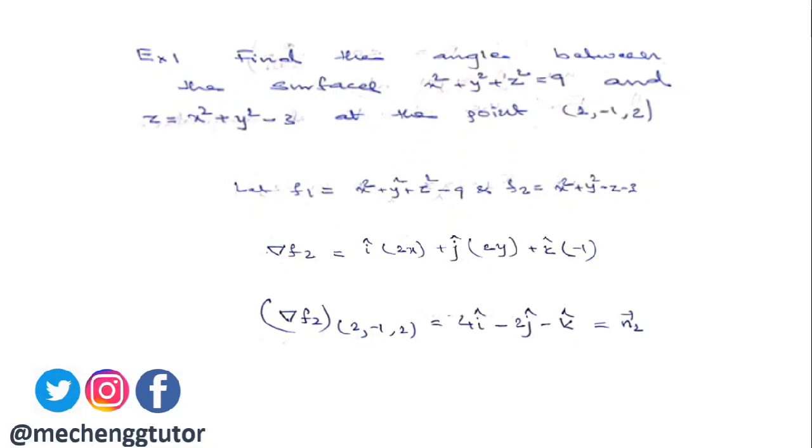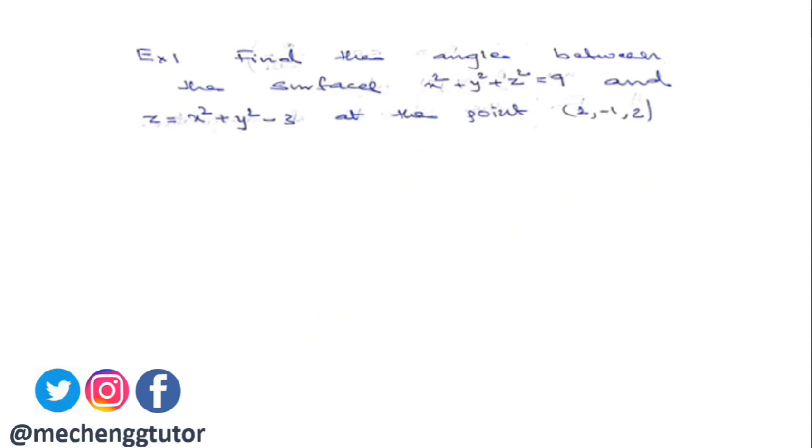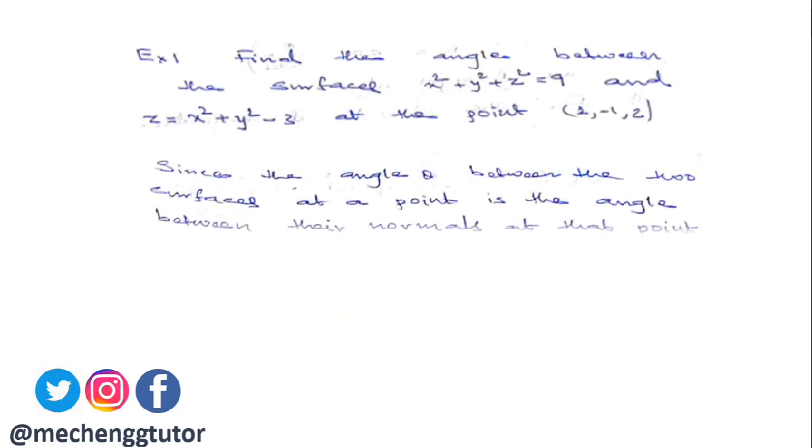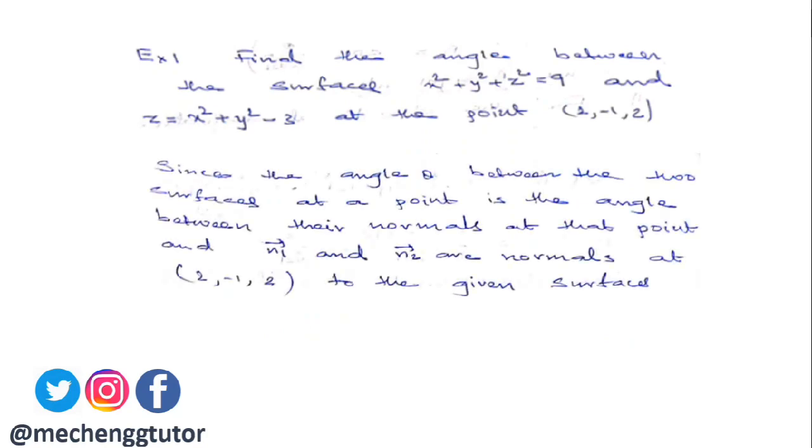Now it is sufficient to find the angle between the two normals, that is n1 bar and n2 bar. I have written the definition here. Since the angle theta between the two surfaces at a point is the angle between their normals at that point, and n1 bar and n2 bar are normals at (2, -1, 2) to the given surfaces.